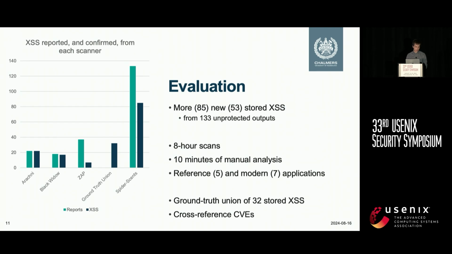So we do a typical setting of 8-hour scans coupled with 10 minutes of manual analysis, where we look at what inputs can actually flow towards these database cells or columns that we've identified in both reference and modern applications, and compare this to a ground truth union of known stored XSS detected by other scanners and cross-referenced in CVEs. So we find a lot of new stored XSS from this compared to all other scanners, in this case being Arachni, Black Widow, and ZAP.